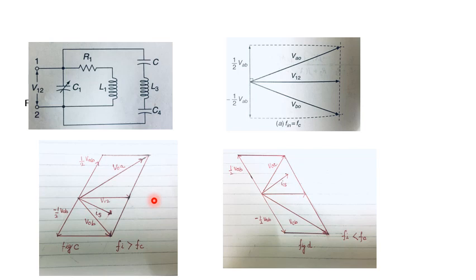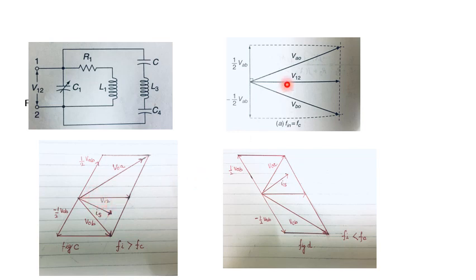In an inductive circuit, the current lags behind the voltage which is producing it. Therefore, the secondary current Is, which is produced by the primary voltage V12, will lag behind the primary voltage V12.